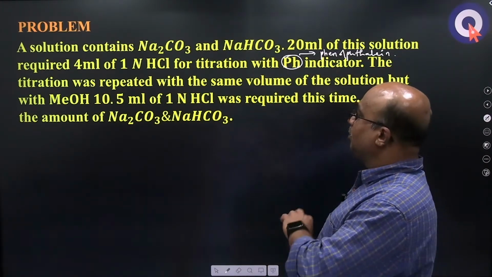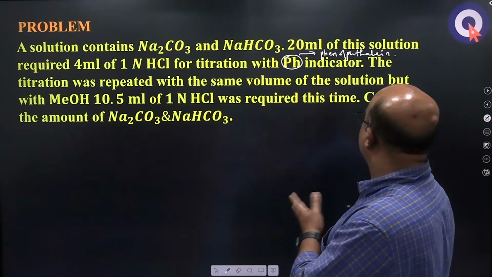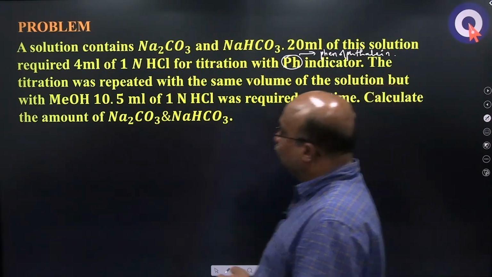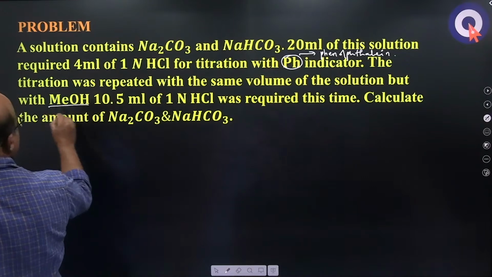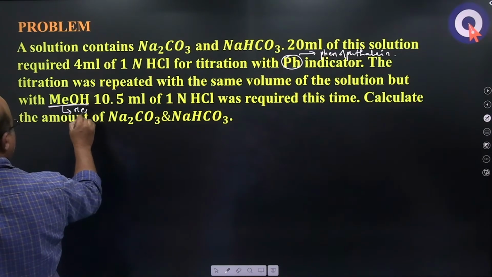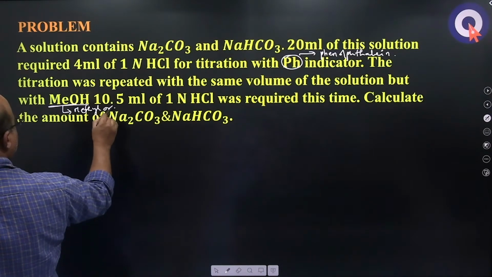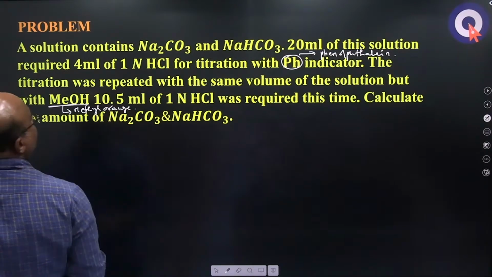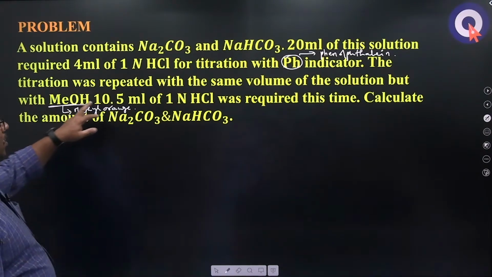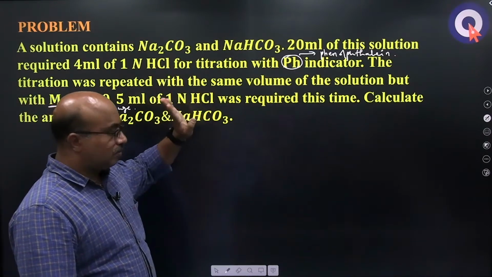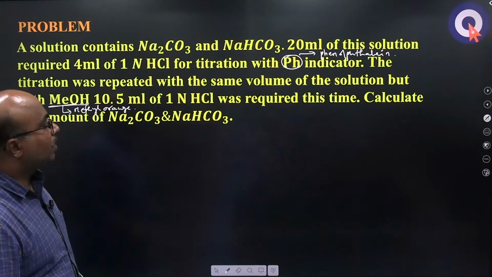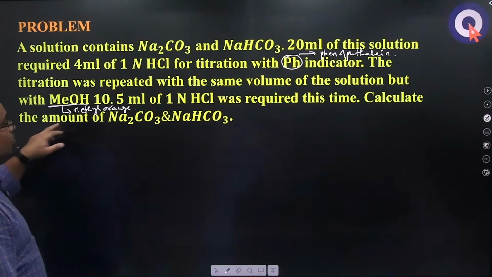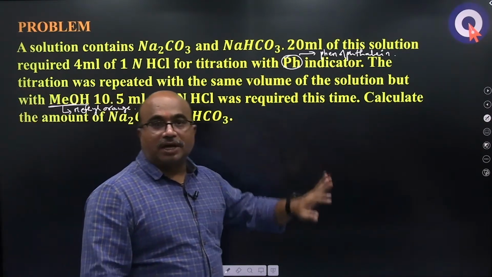The titration was repeated with the same volume of the solution, but if we use this MeOH, it is nothing but methyl orange, then 10 ml of the same 1 N HCl is consumed. Calculate the amount of sodium carbonate and sodium bicarbonate here.